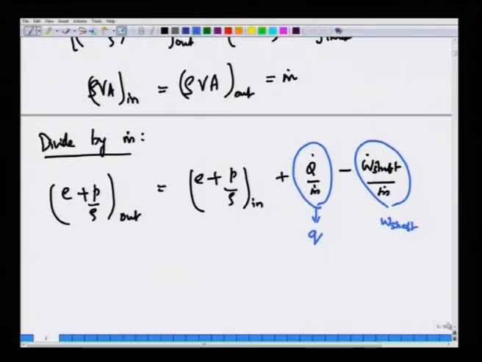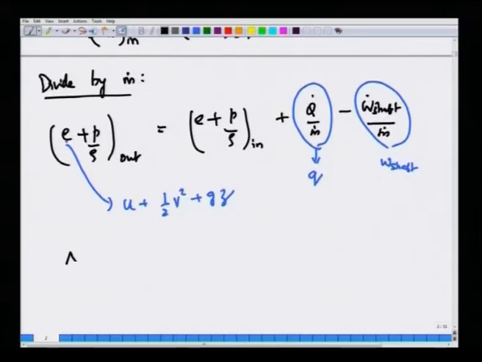Okay. So, now as per second law of thermodynamics, once you expand E to be U plus half V squared plus GZ, you get delta of (U plus P by rho plus half V squared plus GZ), where delta means change, out minus in.